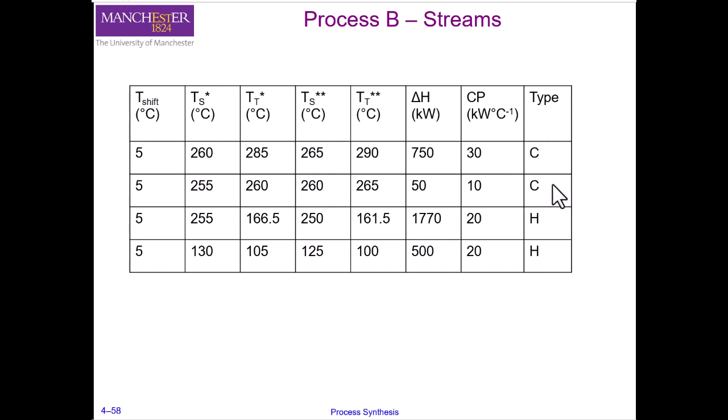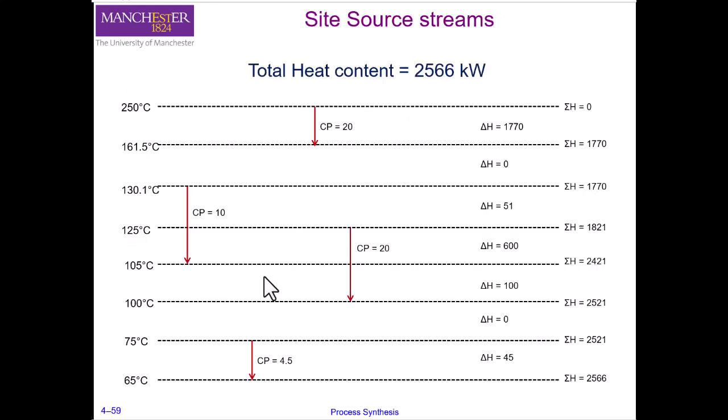So for the cold streams, as you can see, we definitely need to provide them heating to reach their target temperature, while for the case of hot streams, we can use them for steam generation below the pinch. We can then go ahead and produce our composites of our source streams and our composites of sink streams.